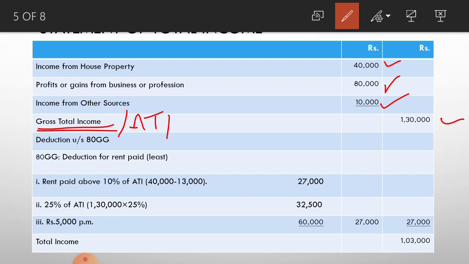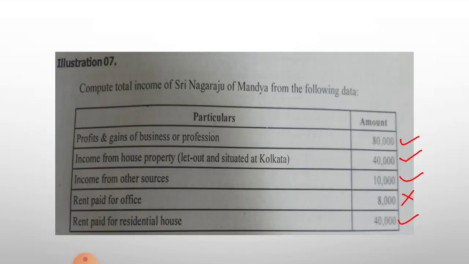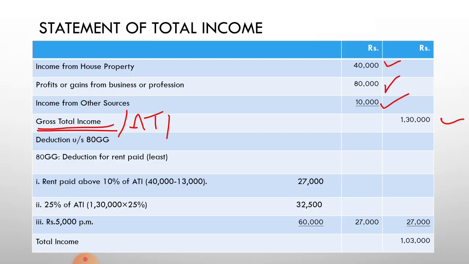Here rent paid is 40,000, rent paid 40,000 minus 10% of adjusted total income. Adjusted total income is 1,30,000, 10% of 1,30,000 is 13,000. When you deduct 13,000, that is 10% of adjusted total income, from actual rent paid, you get 27,000 as balance. That is the first restriction.